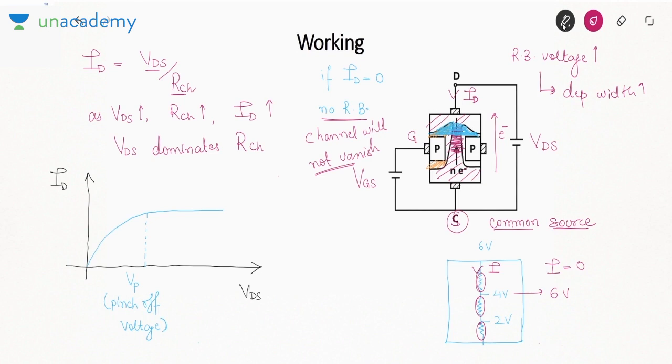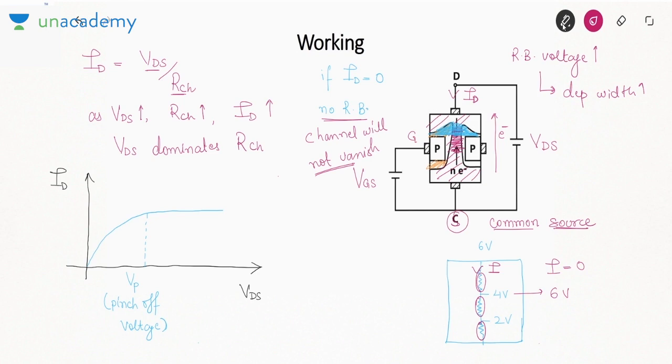If the current does not flow, then there is no potential drop across the resistances. If there is no potential drop in the resistances, then what happens? Then the reverse bias concept does not arise. If the reverse bias concept does not arise, then the depletion layer will not grow. If the depletion layer does not grow, the channel will not be pinched off.